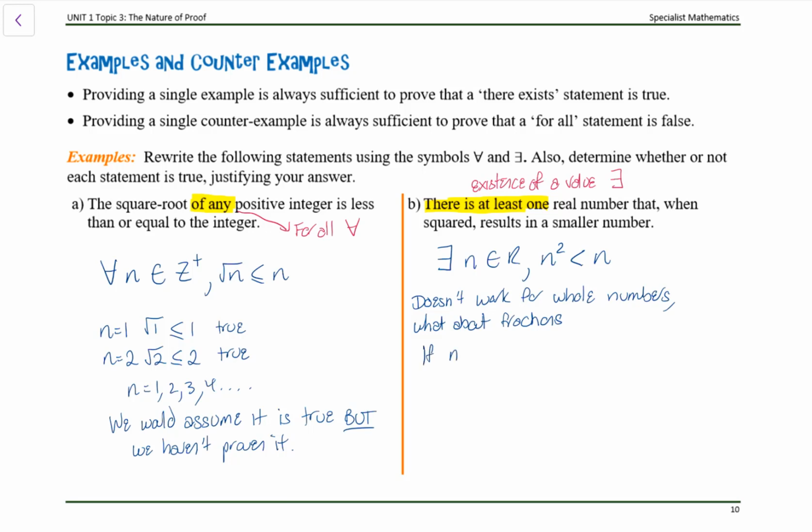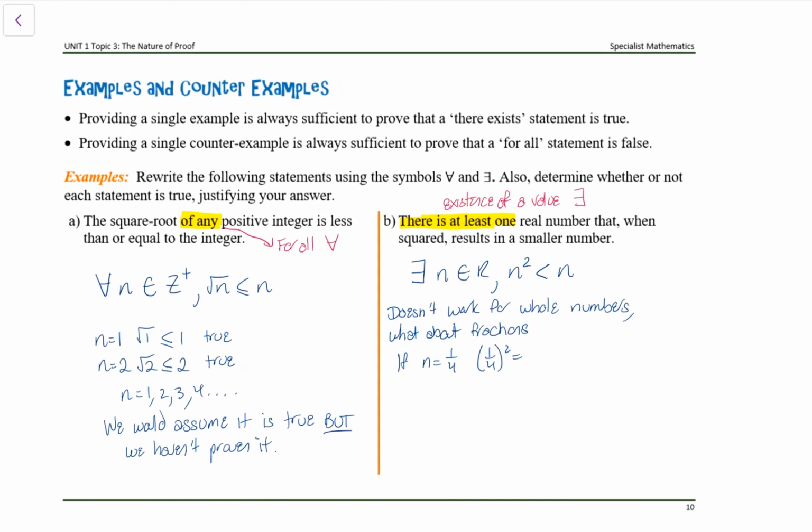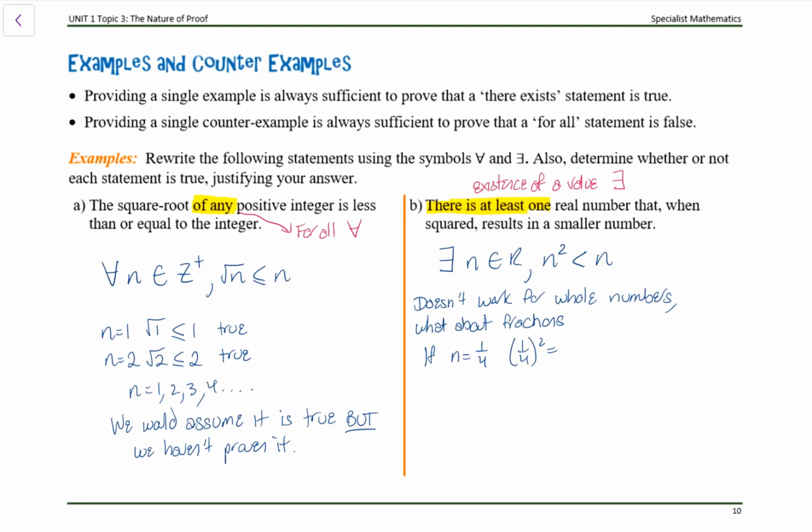So if I say, what if n is a quarter? 1 quarter, all squared, would be 1 over 16. And 1 over 16 is less than a quarter. So that works. So therefore, 1 over 4 all squared is less than 1 quarter. So I've shown the statement's true. I only need one single example.